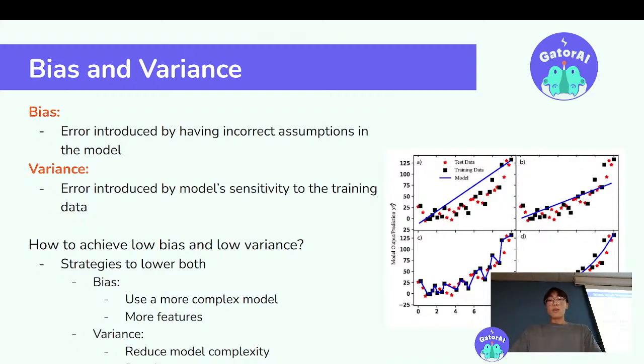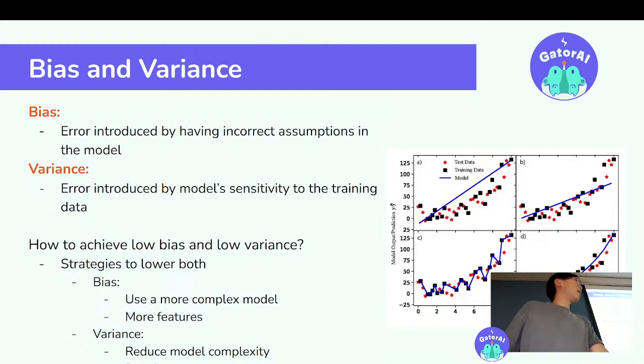And the bottom row is high variance. Or not high variance, sorry. C is high variance because essentially it's too sensitive to the noise in the data. You can see how it's kind of jumping between those points. So if we were to change any of those points, it would probably start jumping to them too.